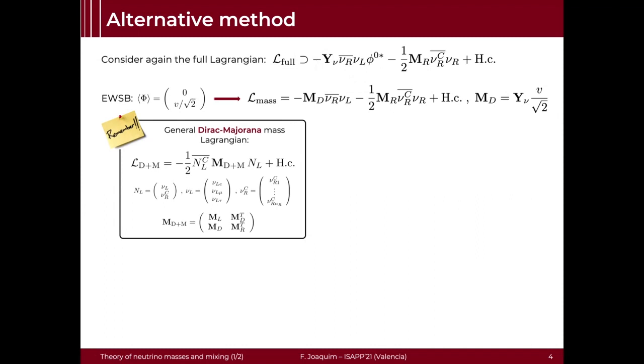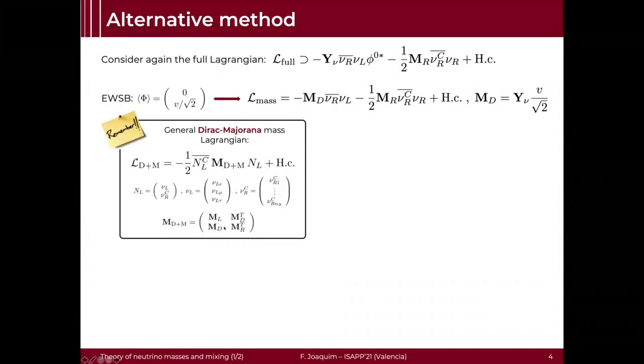Remember that when I discussed the general Dirac-Majorana mass Lagrangian, we did it in this way. I defined the vector where I put the nu L's, which are the left-handed neutrinos from the standard model, then the conjugates of the right-handed neutrinos, and we defined this big matrix, which, if you remember, was a (3 + nR) times (3 + nR) matrix.